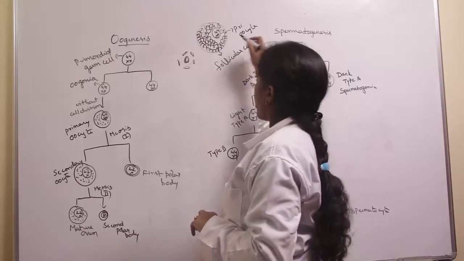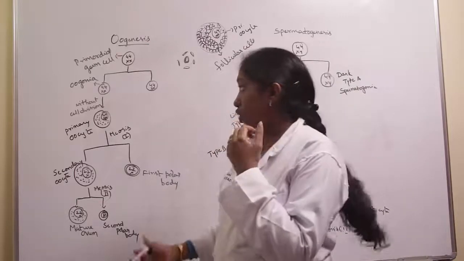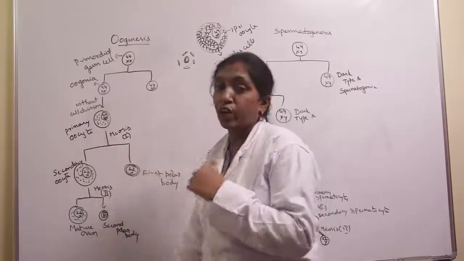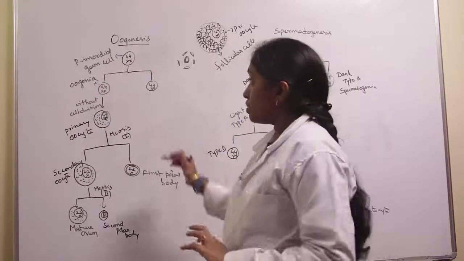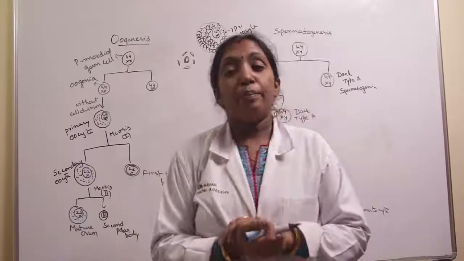This is called primordial follicle. The process of maturation of primordial follicle or primary oocyte to mature ovum, this process we call oogenesis.